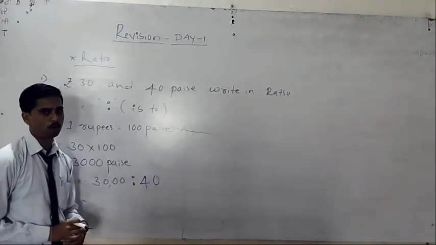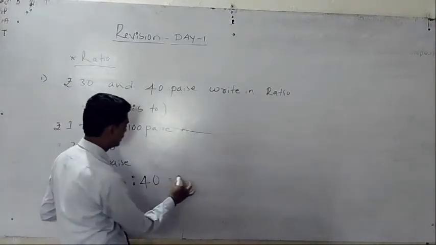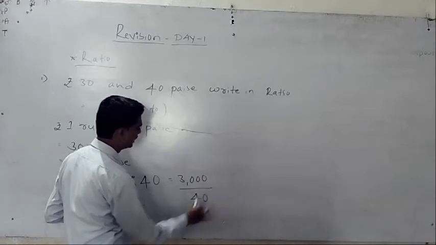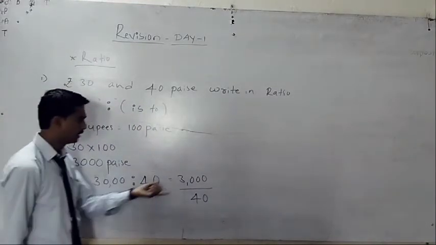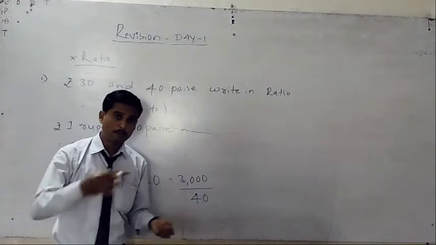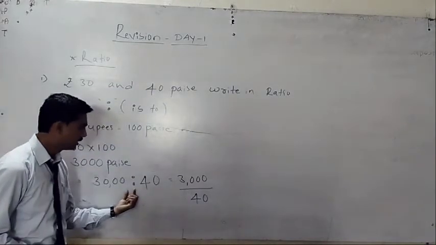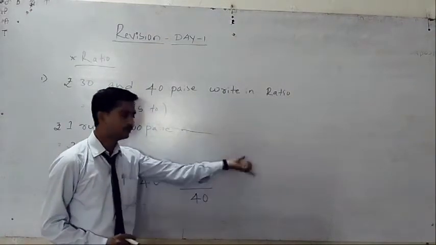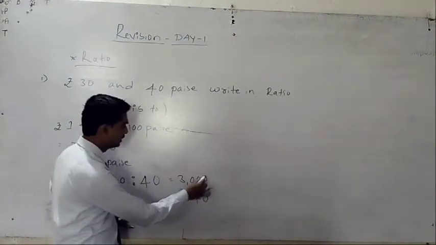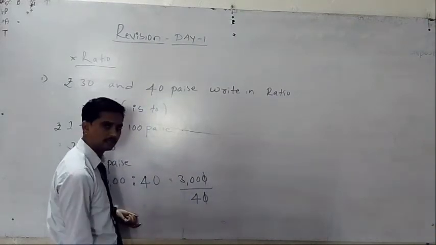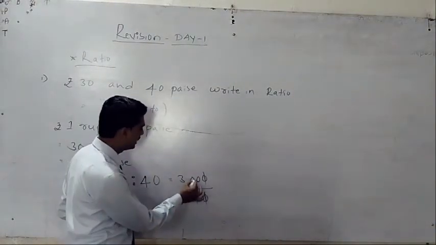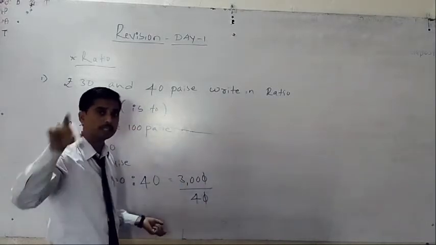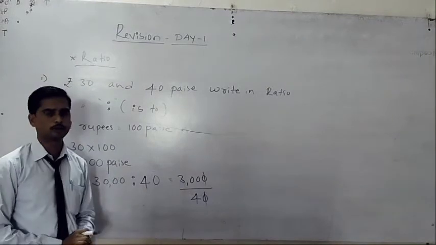It is the simplest form. 3000 divided by 40. You should convert to the simplest form. Before that, we should convert the ratio to a fraction, then the fraction to the simplest form. This one 0 and this one 0 are cancelled. Then here 30 and here 4 is there, but the same table, you have to use the same table. Then you have to cancel. You know that very well.